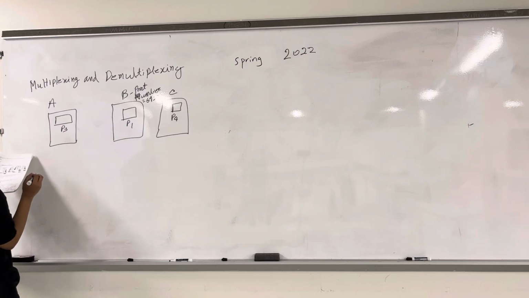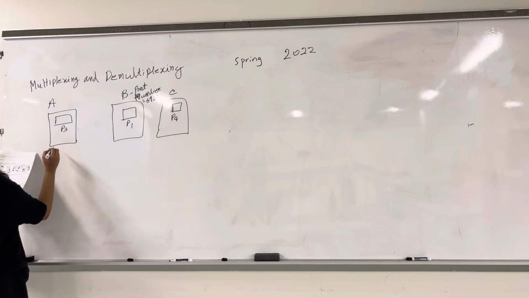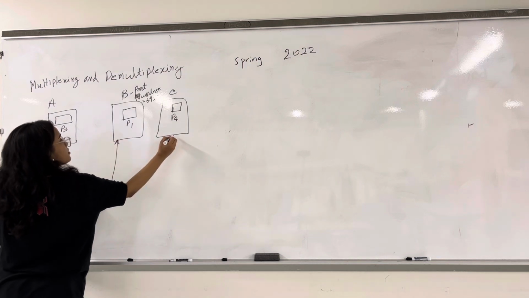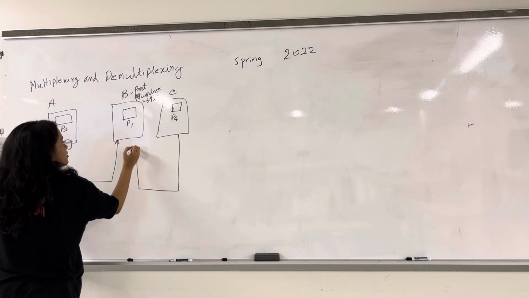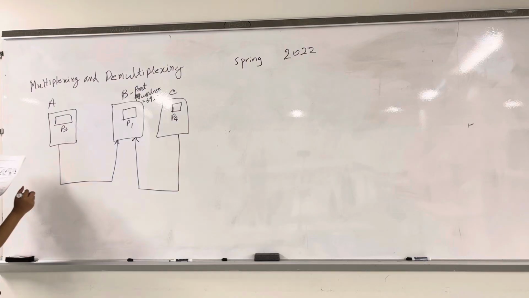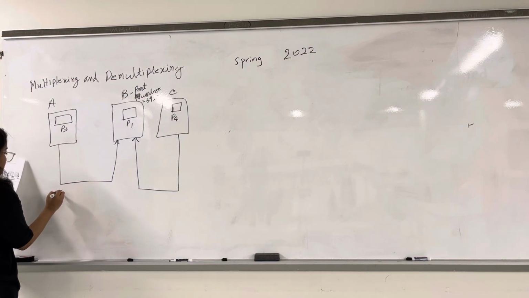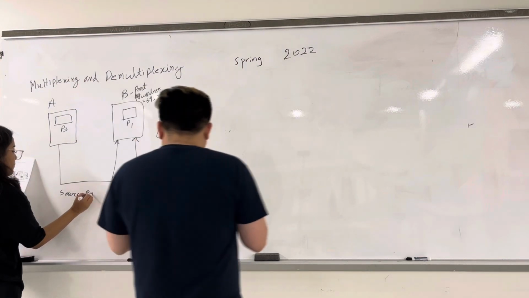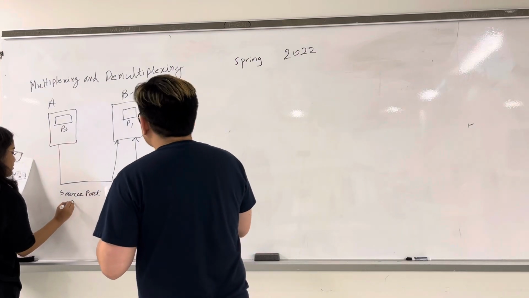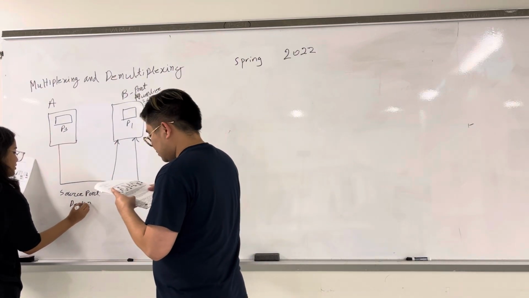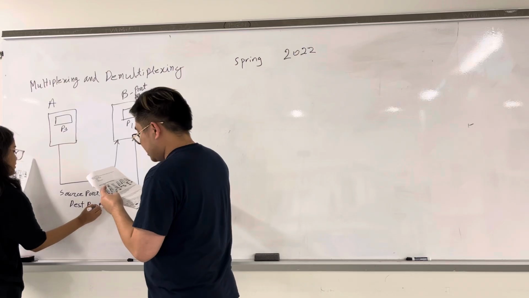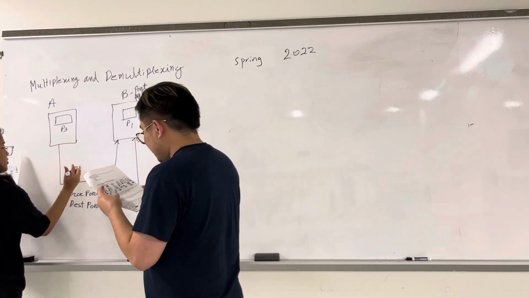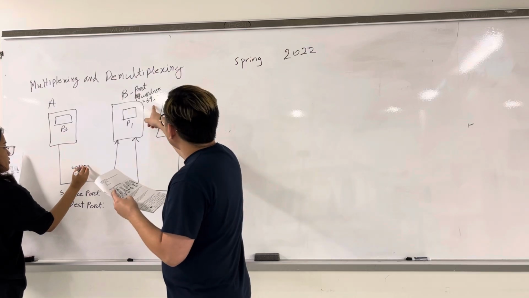Spring 2022. So the thing here is, host A and host C each send a UDP segment to host B with destination port number 6428.